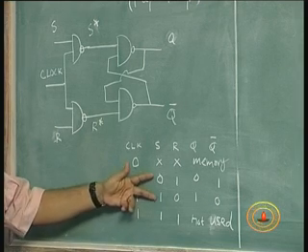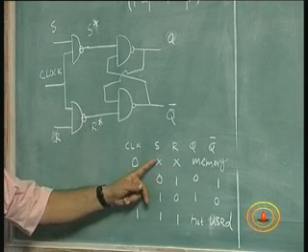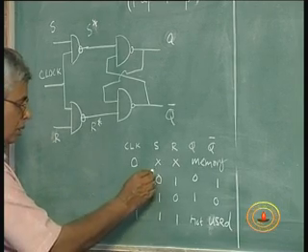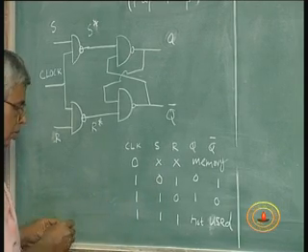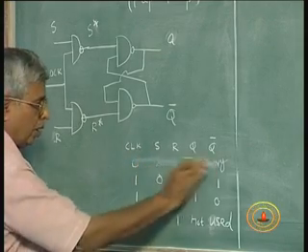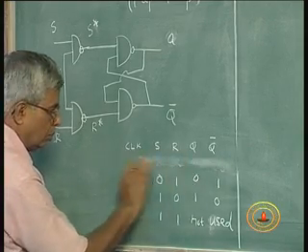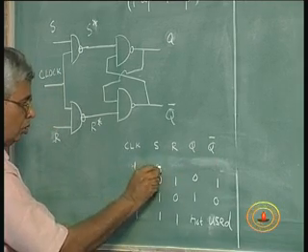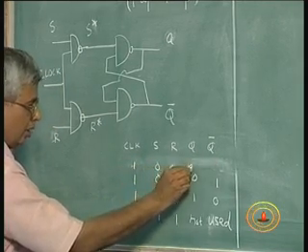This is the SR latch. I can even put 0 0. I forgot to add this. Maybe I should add one more row here. It's a bit crowded, but you know what I mean. Both are 0: memory state.